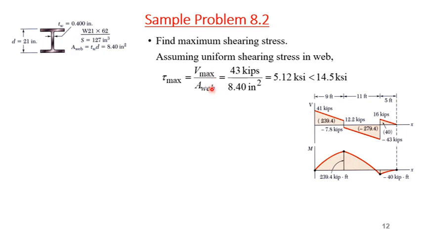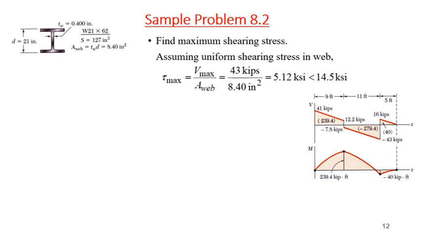As you know, in chapter 6 we discussed that maximum shear stress in case of S or W beam is equal to V max by area of the web. Okay. Now, why are we not calculating the bending stress here? Because the value of bending moment is very small.